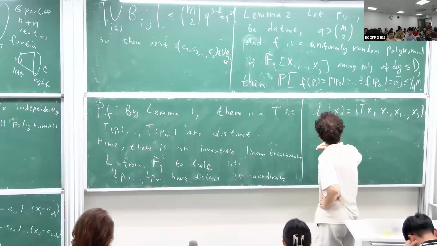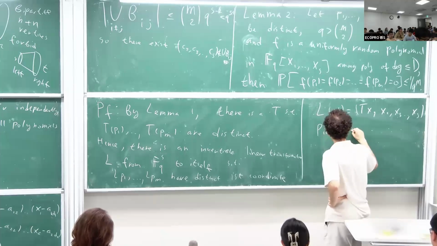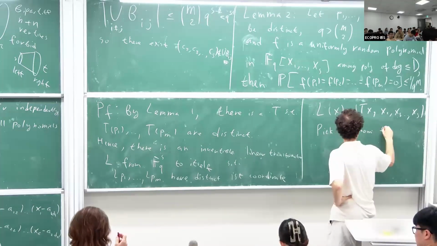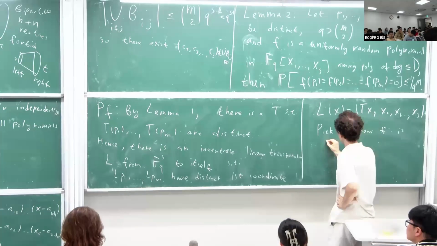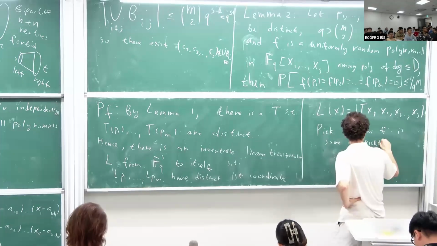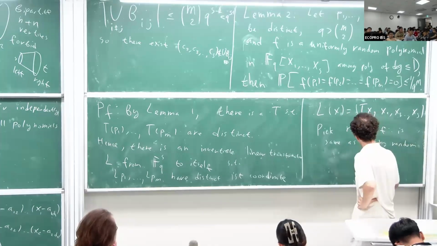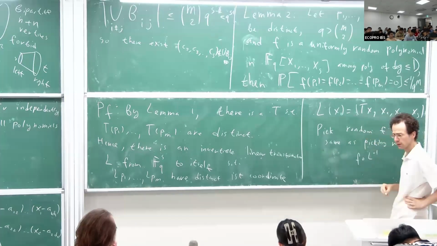Okay, and the point is that picking a random f is the same as picking a random f composed with L inverse, right?